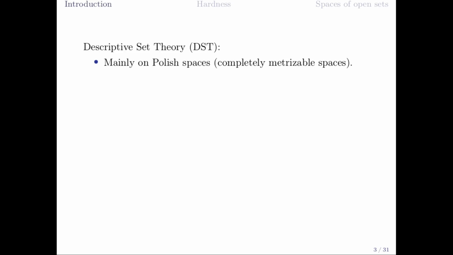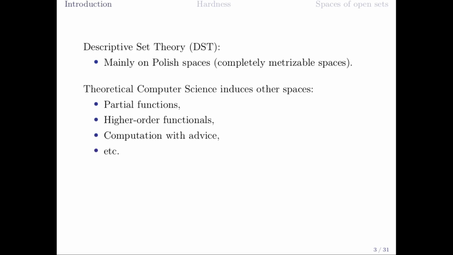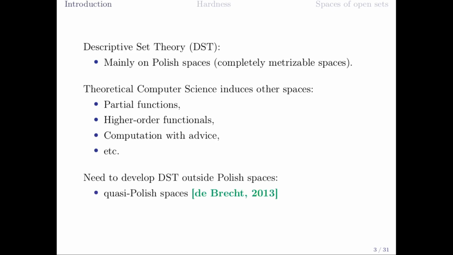But theoretical computer science needs somewhat other spaces. For instance, when you study semantics of programming languages or computability theory, you end up with spaces which are far from being Polish. For instance, they are not Hausdorff, they are not countably-based. So really there is a need to develop descriptive set theory outside Polish spaces.